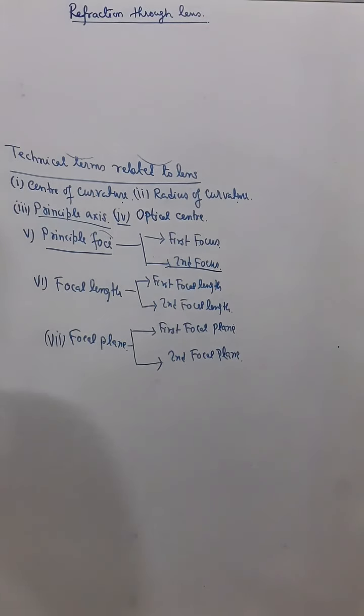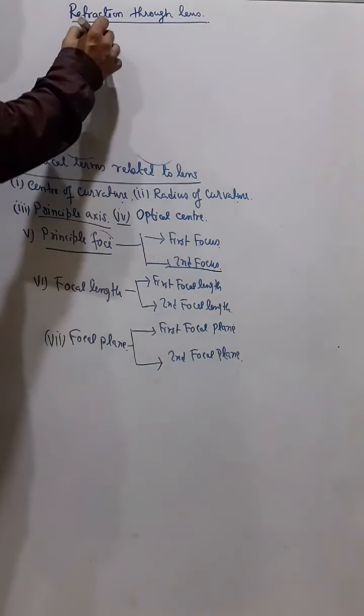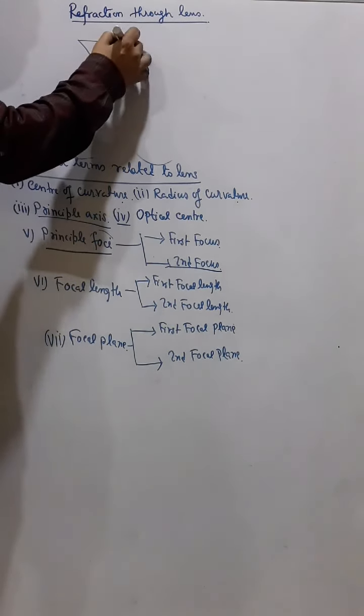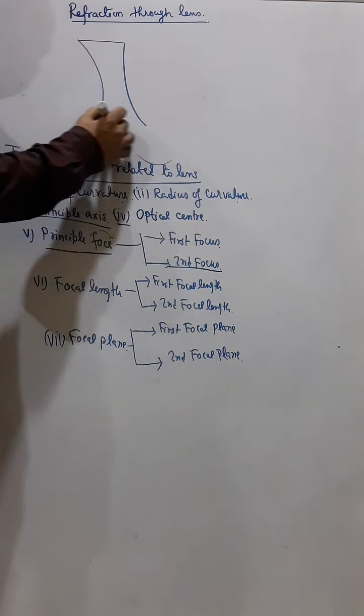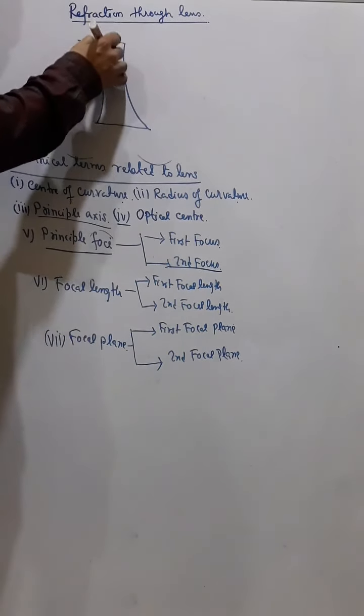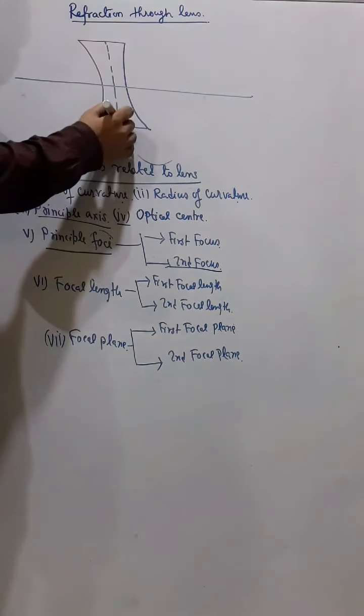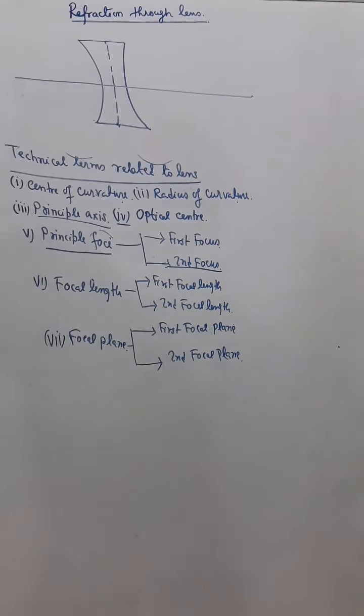Okay, now we'll see the first focus and second focus of a concave lens. So this is the principal axis.